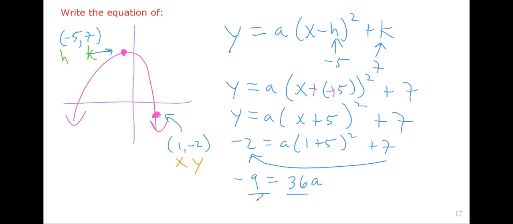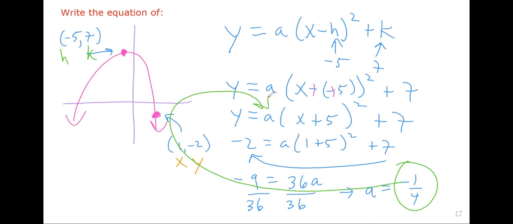Divide both sides by 36 and reduce if possible. And a is going to be -1/4. So what you can do now to finish this problem is take this -1/4 and plug it back in for a right there. See that? So our final answer here in green would be y equals -1/4(x plus 5) squared plus 7.